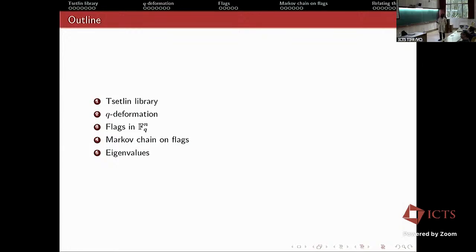I'll describe its q-deformation, and then I'll state the main results, and I'll tell you how flags help. So we'll describe the flags, and we'll describe a Markov chain on the flags, which helps us solve the original model. Okay, so I know it's a lot of work to come on an afternoon for just one talk, so I'll keep it light.